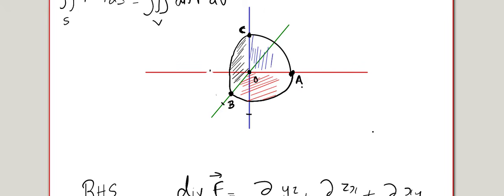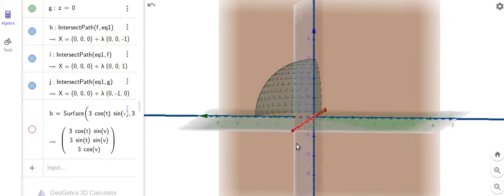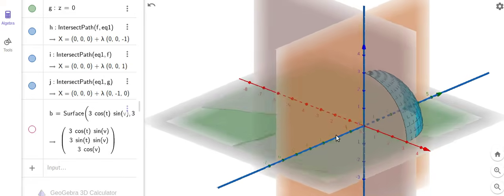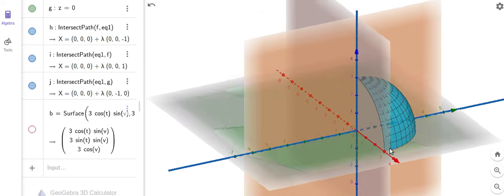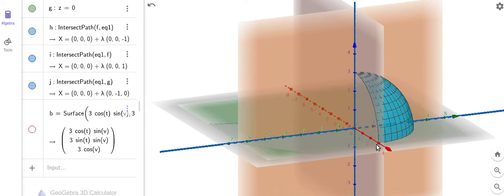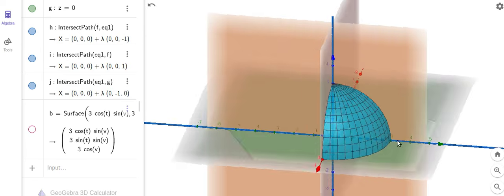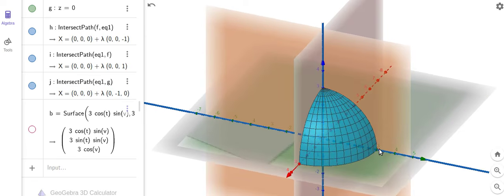A means the point on the x-axis, the blue axis, and B means the point on the green axis, the y-axis, and of course the z-axis is C. I think I'll show you the other one, it will be more visible. So the origin is O, the point on the x-axis, the red one, is A, the point on the y-axis is B, and the point on the z-axis is C.